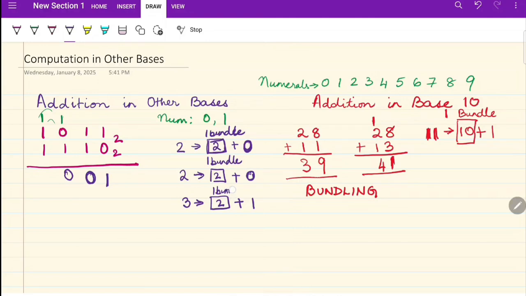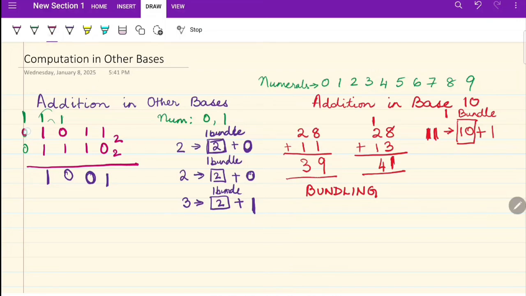So what I'm going to do is I'll write this 1 here under the leftmost column. And I will carry over the one bundle of 2s again further to the left. All right, and think of the digits in this column for these two numbers as 0 and 0.